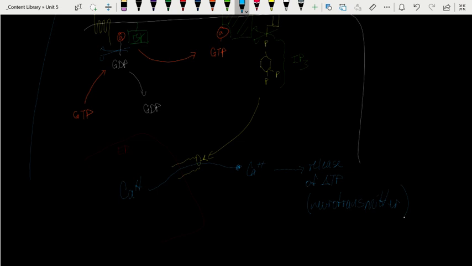That will activate the cranial nerves, the neurons associated with either the facial nerve or the glossopharyngeal nerve. And now I've got action potentials going to the brain, and I'm registering that as taste.